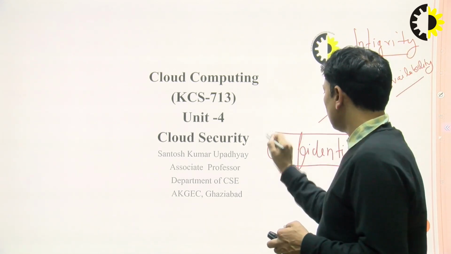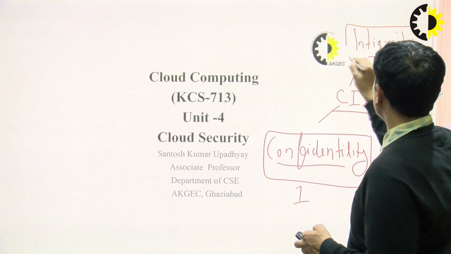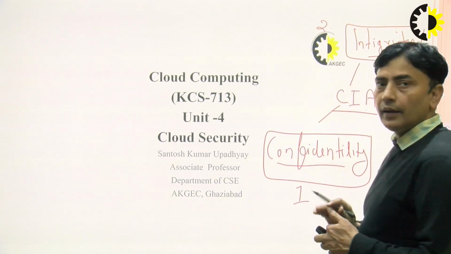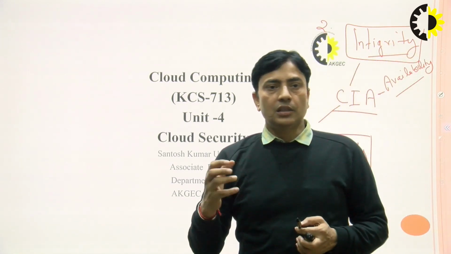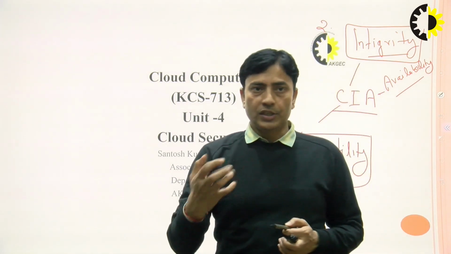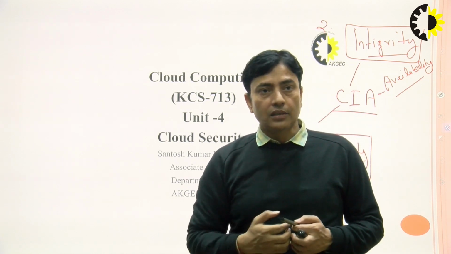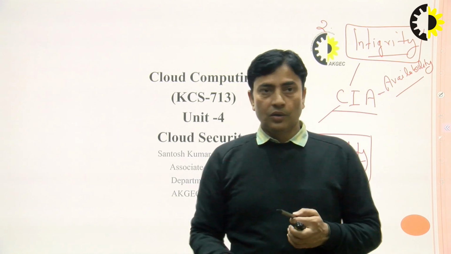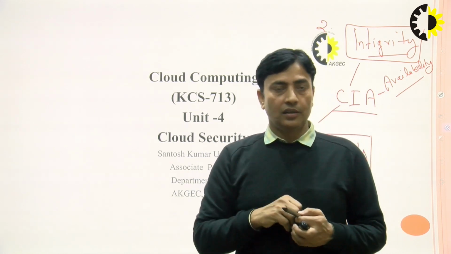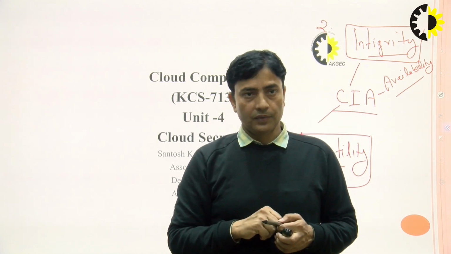The first term is confidentiality and the second term is integrity. Integrity is the process by which you ensure that your data or information does not change. That means when you are accessing or using the information, you get what is actual and original. So integrity ensures the originality of the data and information.